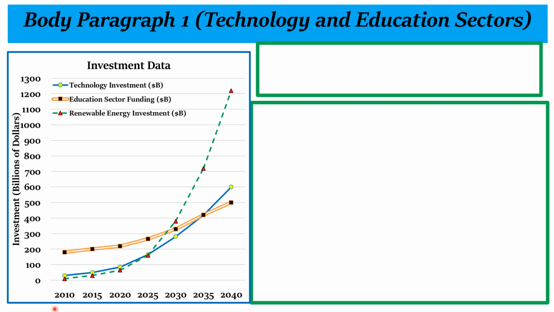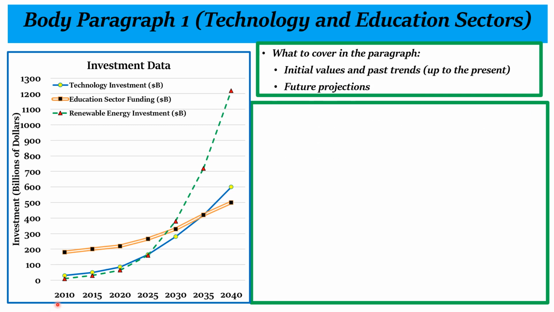Since technology and education investments follow a similar trend, we will discuss them together in one paragraph and analyze renewable energy investments separately as it follows a distinct trend. We can start this way.